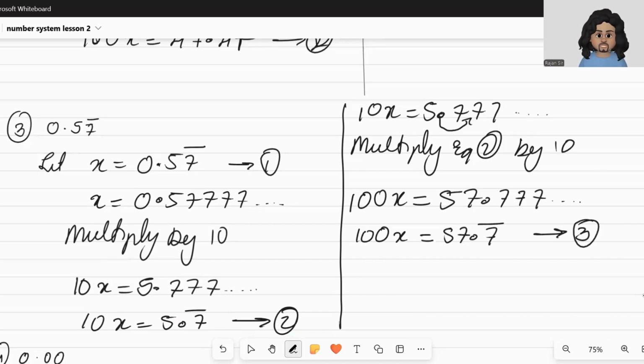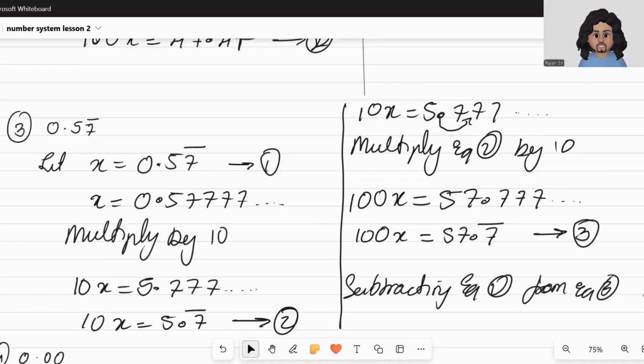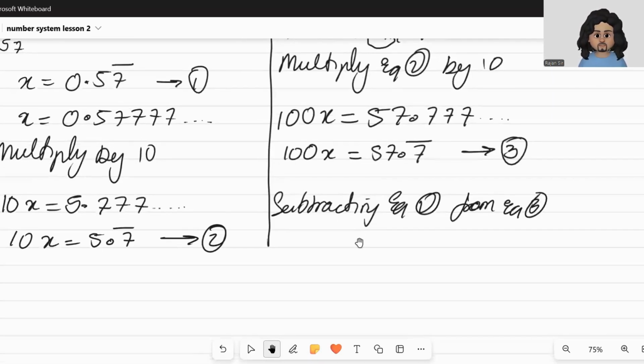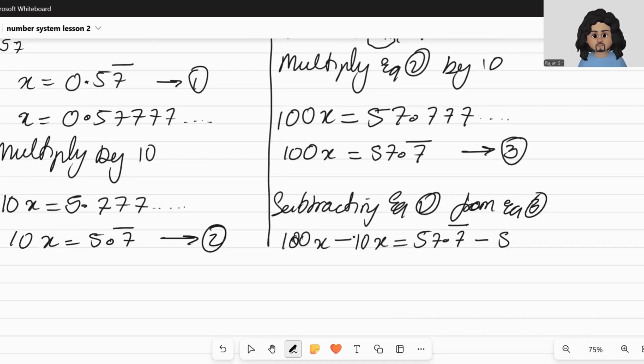Now, in this case, you subtract equation number 2 from 3 and not 1. Okay, you can try it and you'll get a confusing number. So better, subtracting equation 2 from equation 3, we get 100x minus 10x is equal to 57.7 bar minus 5.7 bar.